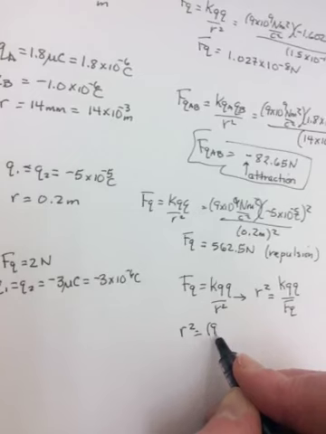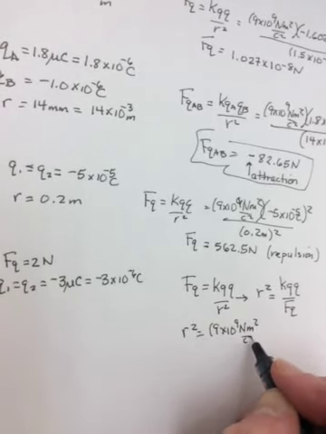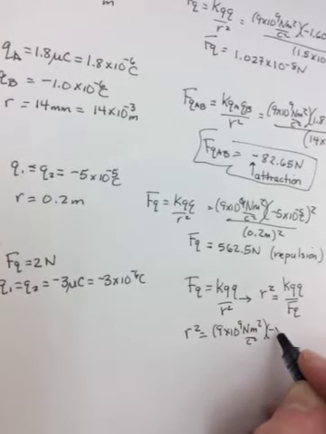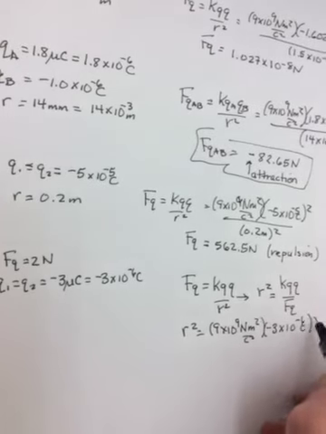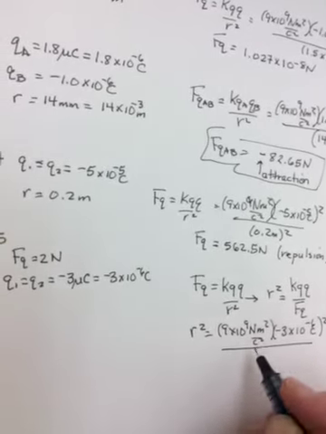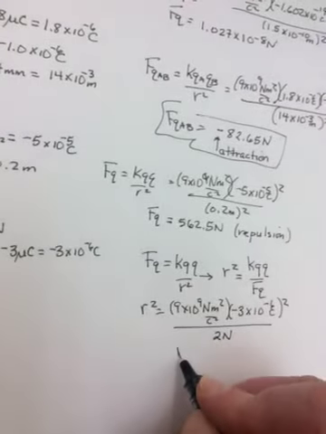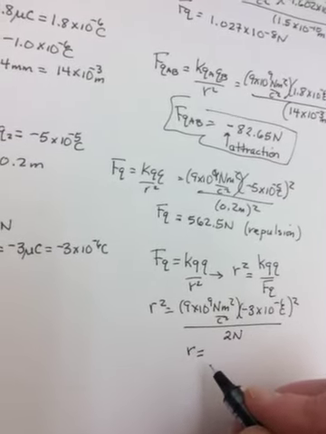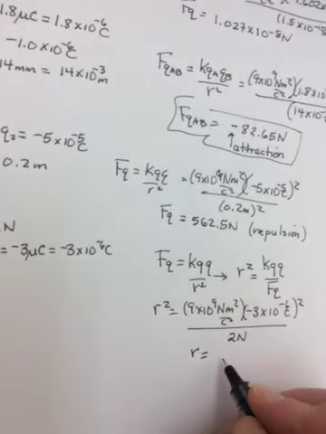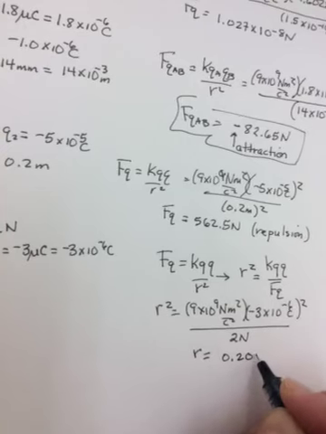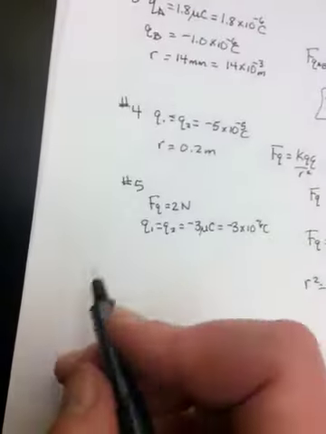So R squared is equal to 9 to the ninth newton meters squared per coulomb squared, the Q is negative 3 to the negative 6, and there's 2 of them, or squared, and the FQ is 2 newtons. When you do this, you'll get an R squared. Don't forget to take the square root, and when you do, you get 0.2012 meters. Okay, that's number 5.